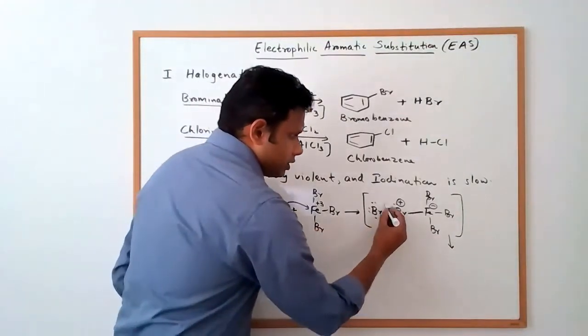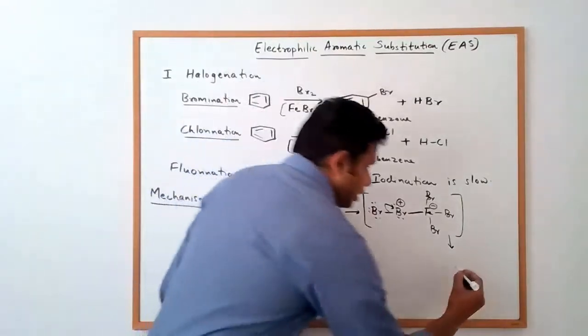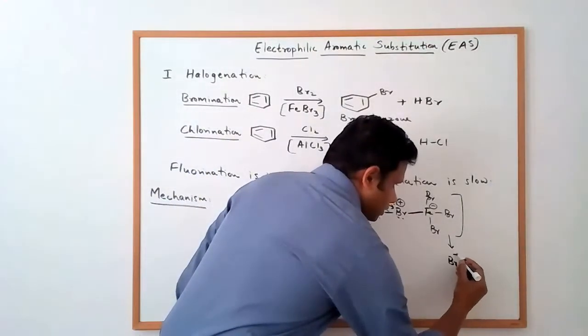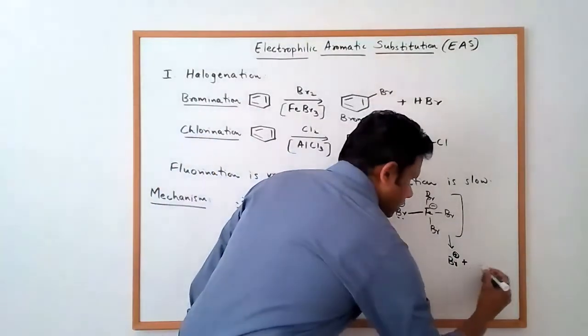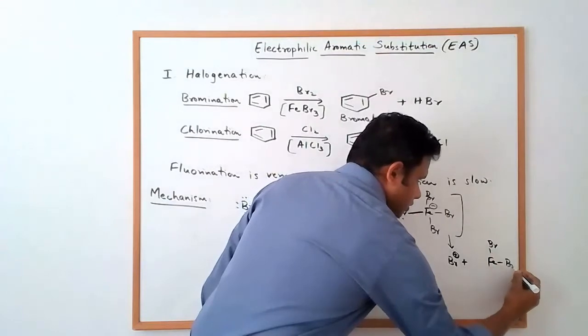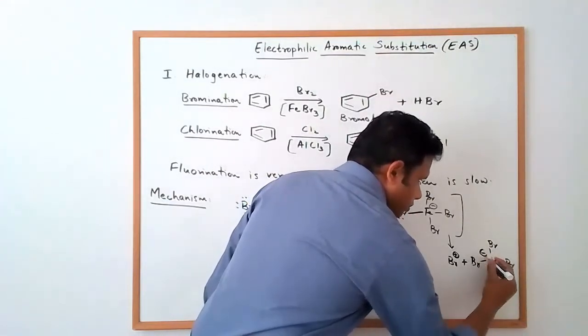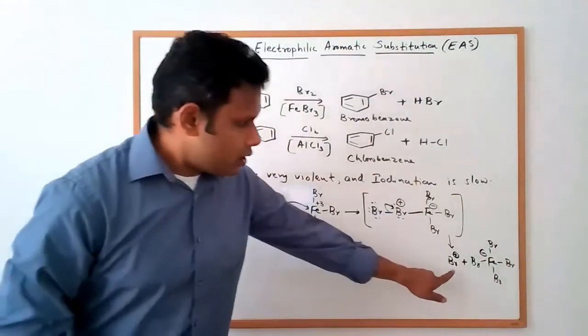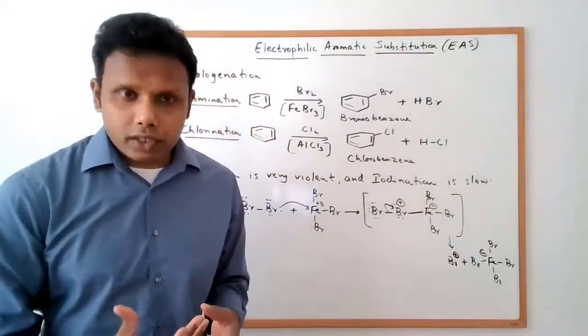So this bromine can take away the electrons, which is going to activate this bromine, and it can give us a Br plus along with an iron which has 4 Brs connected to it. So that's how we generate our bromine electrophile.